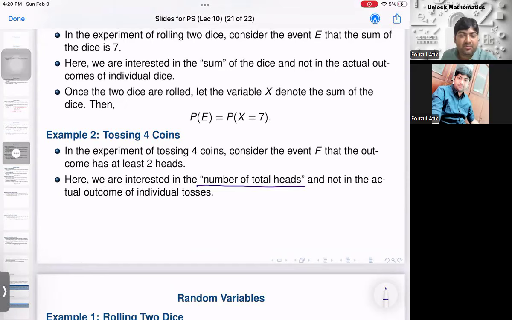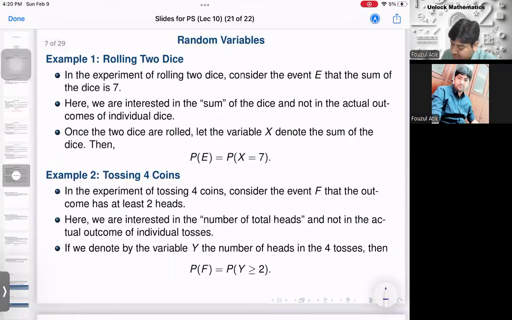So suppose we define a new variable Y, the number of heads in the 4 tosses. In the experiment of tossing 4 coins, suppose Y is the number of heads. Then according to the event F, the outcome has at least 2 heads. Therefore, P of F equals P of Y greater than or equal to 2, because Y gives you the number of heads.